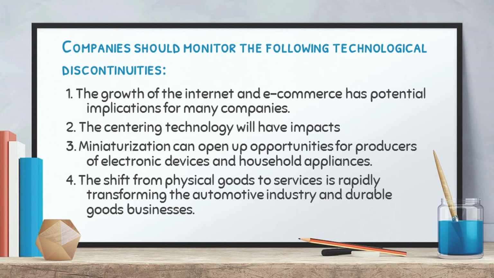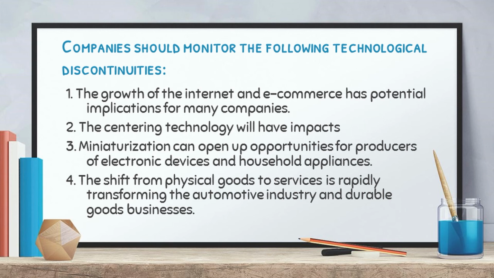And then the second is that converging technology will have the following impacts. The first impact is the convergence of sound, data, and image, which has implications for companies operating in the consumer electronics, telecommunications, and computer products industries. The integration of chemical and digital technology has an impact on companies. The hardware and software mix has an impact on companies.